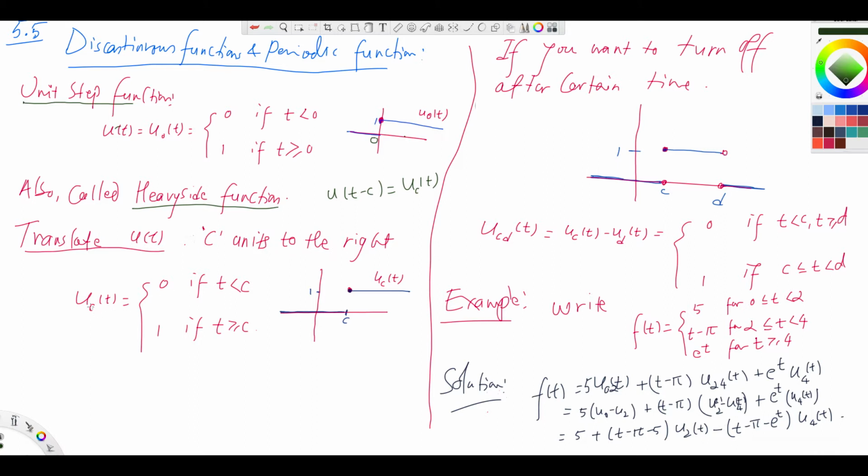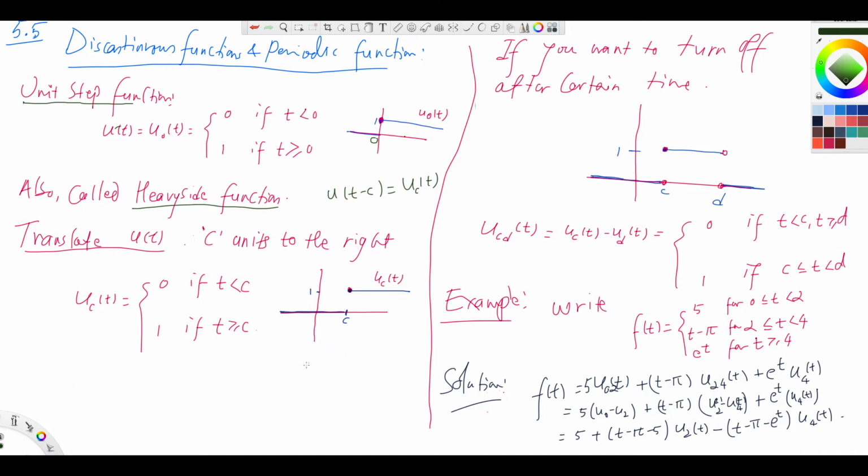So u_c(t), or u(t minus c), is 0 when t is less than c. We are just shifting this function to the right, so 0 for left of c and then 1 for right of c, okay?